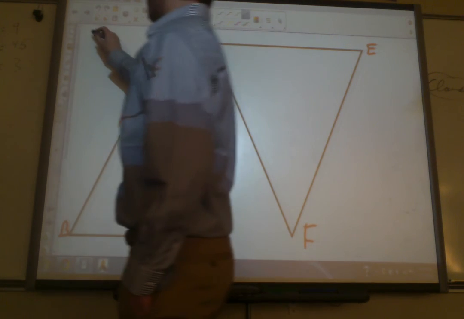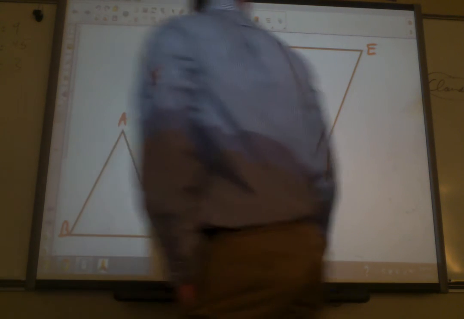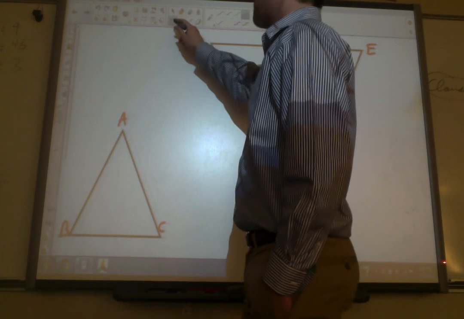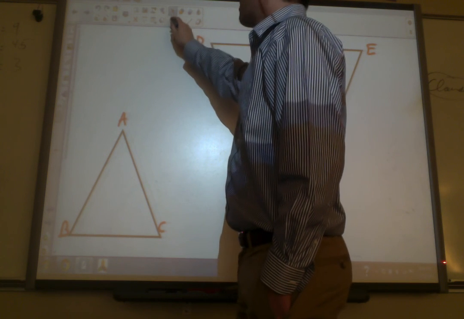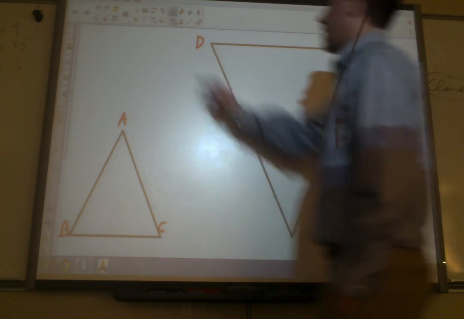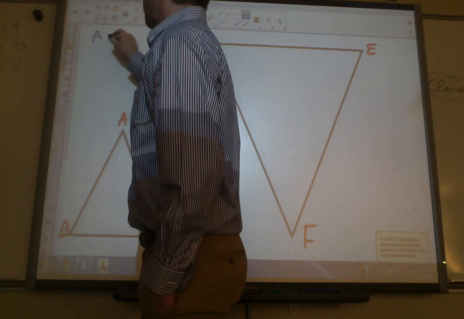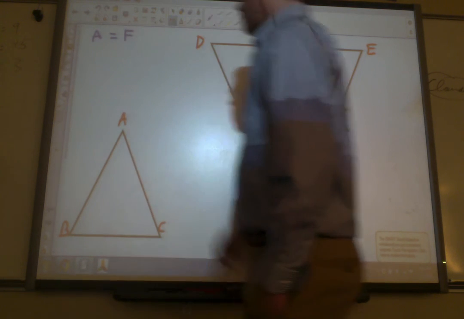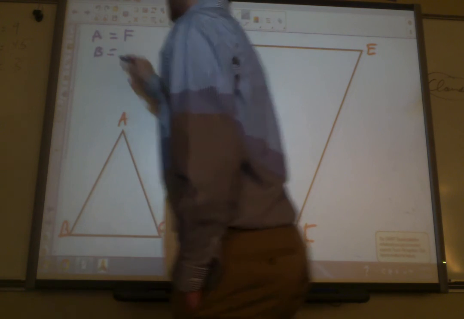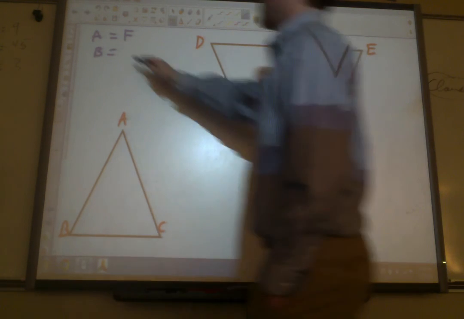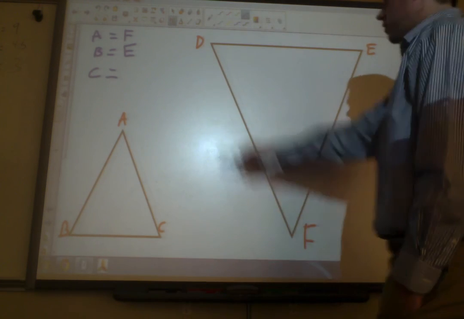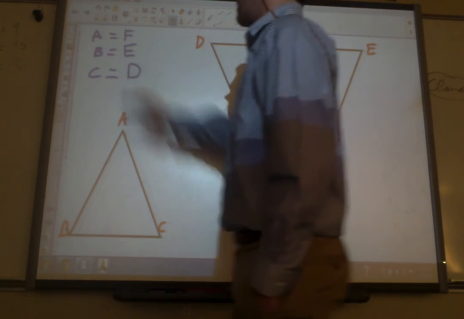I'm going to have to tell you that angle A here corresponds with angle F. So A corresponds with F. Angle B corresponds with angle E. And then C corresponds with angle D.